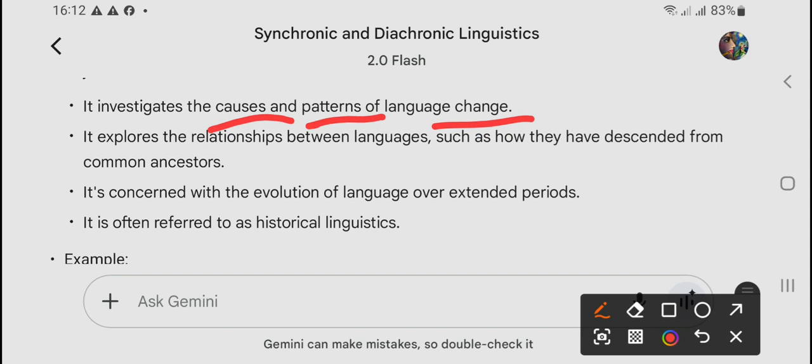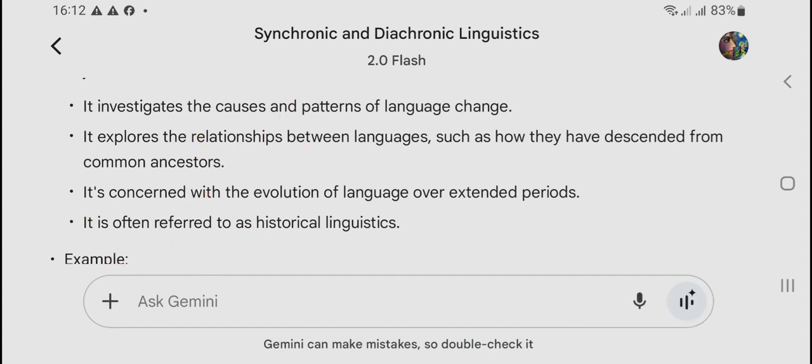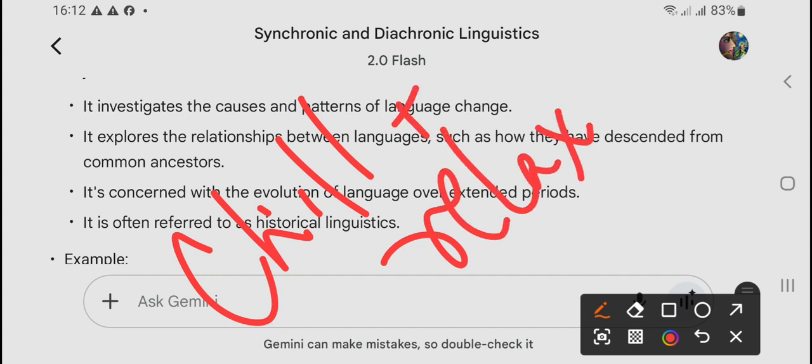I told you the example of chillax, right? Someone was saying chillax, that's chill and relax. So these are newly coined words.